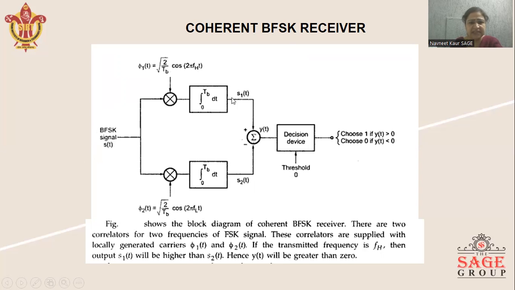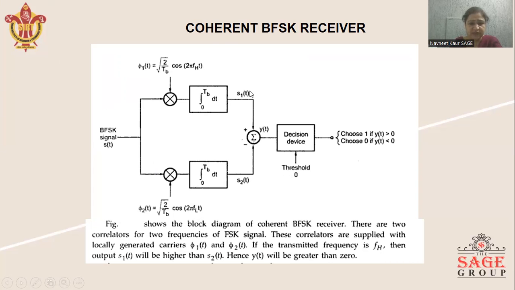In that case, the output of this integrator and dump receiver will be high, whereas the output of this integrator and dump receiver will be low, because here the two frequencies FH and FL are orthogonal to each other. So for satisfying the equation of orthogonality, the product of the two carriers at FH and FL will be 0.